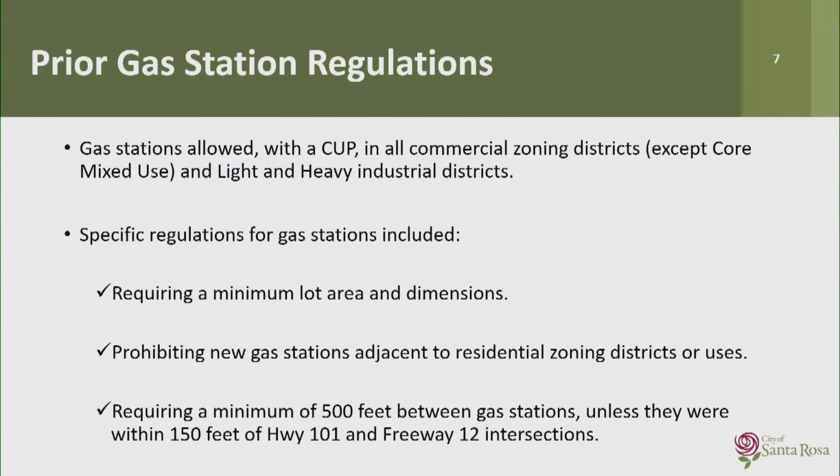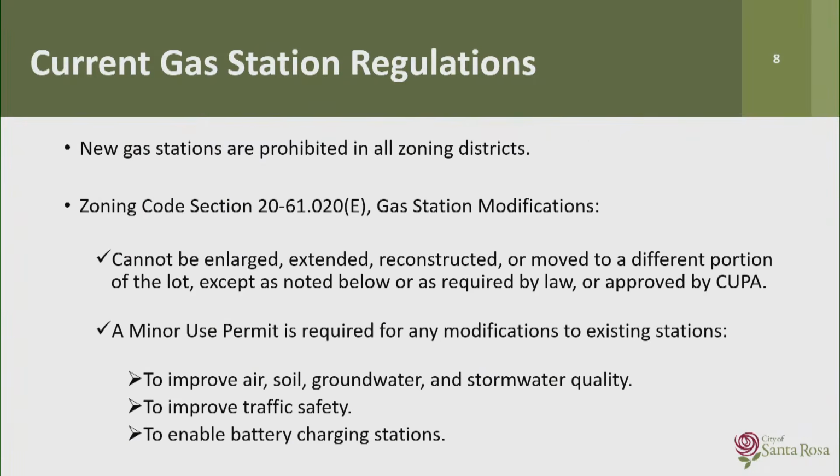With that conditional use permit, there were additional specific regulations for the location and operation of gas stations, and those included minimum lot area and dimensions, a prohibition for new gas stations located adjacent to residential zoning districts as well as land uses, and a requirement for a minimum 500-foot setback between gas stations unless they were located within 150 feet of an intersection with Highway 101 and Freeway 12.